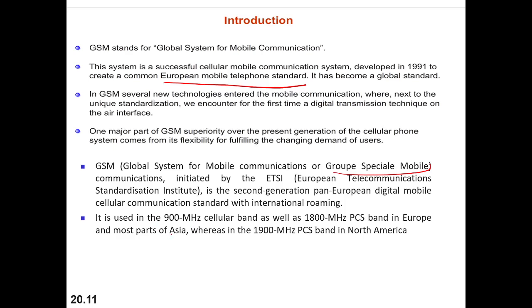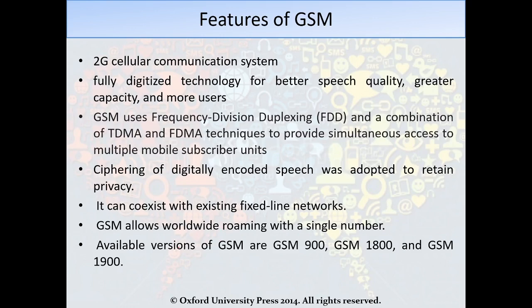Whereas in North America it was the 1900 megahertz band. So this is called GSM 900, GSM 1800, GSM 1900, depending upon the country and the frequency of operation being used.